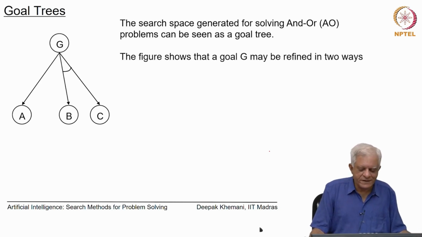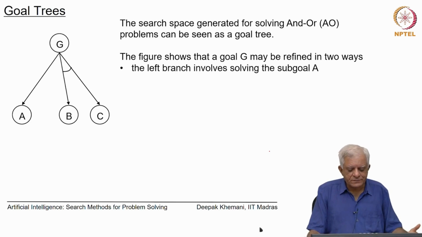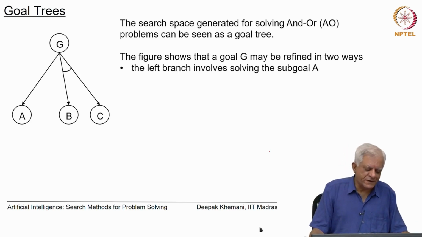So, here you can see in this figure that there is a goal G that you want to solve, and you can refine it or simplify it or decompose it in two different ways. In the left hand side, you can see that you have reduced the problem G to a problem A, and we saw examples of this when we were looking at symbolic integration.